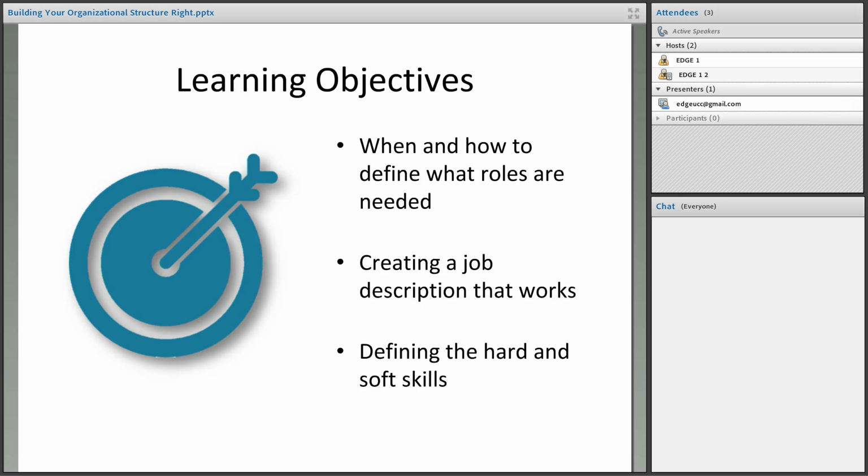I know that sounds very minor, but if we're not clear on what the activities the job requires and what the expectations are with it, it's going to be difficult for you to get the results that you're looking for. And not defining expectations, well, not being clear on the activities, what the job needs to do, and being clear on the expectations, those two go very hand in hand.